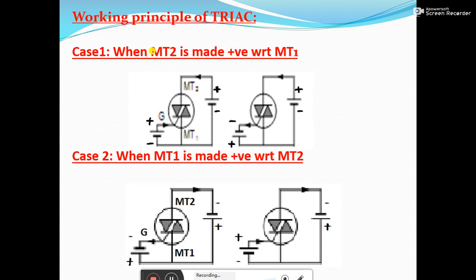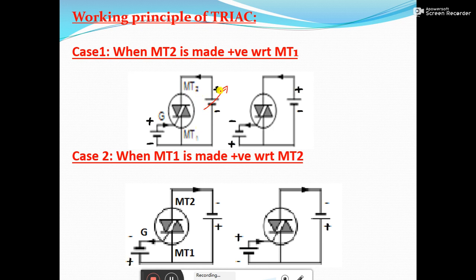Let us see the working here. Let us consider whenever MT2 is made positive with respect to MT1. Let's say here MT2 is connected to the positive terminal and MT1 is connected to the negative terminal with a positive gate voltage. So the operation is very similar to that of SCR only. As long as this applied potential is less than VBO, there won't be a current flow from MT2 to MT1.